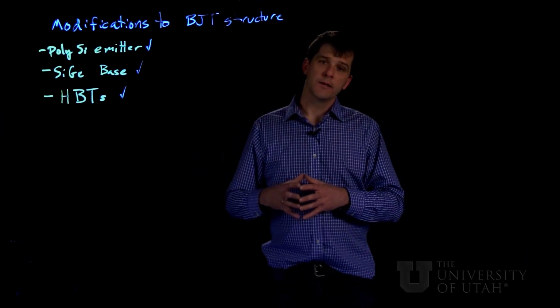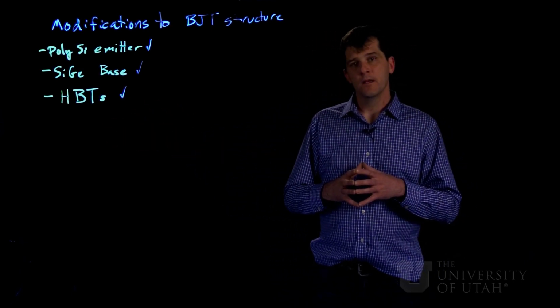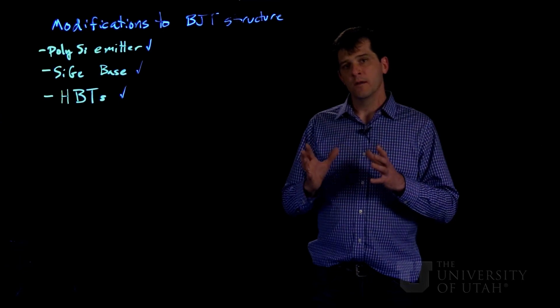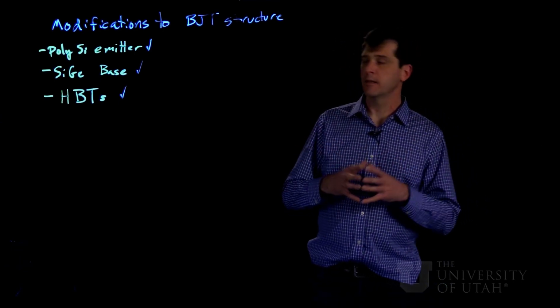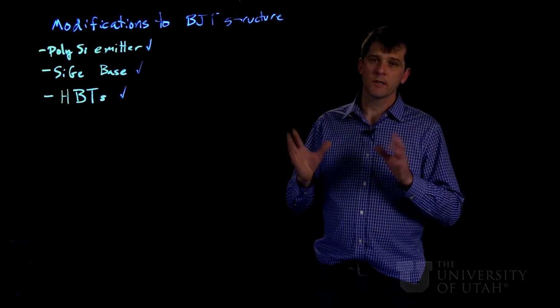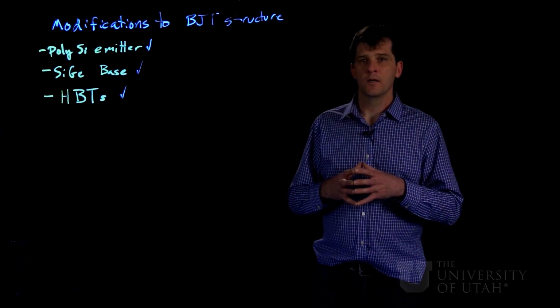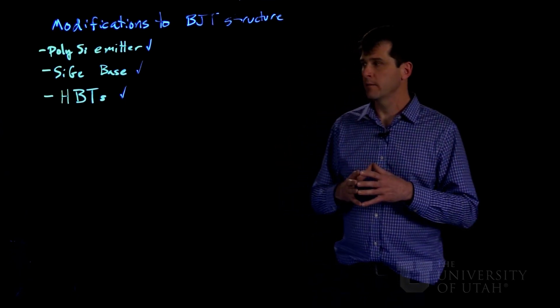We then talked about HBTs, or heterojunction bipolar transistors, and the application of band gap engineering and heterojunction engineering to bipolar transistors has allowed much higher gains than could be implemented inside a single material like silicon.